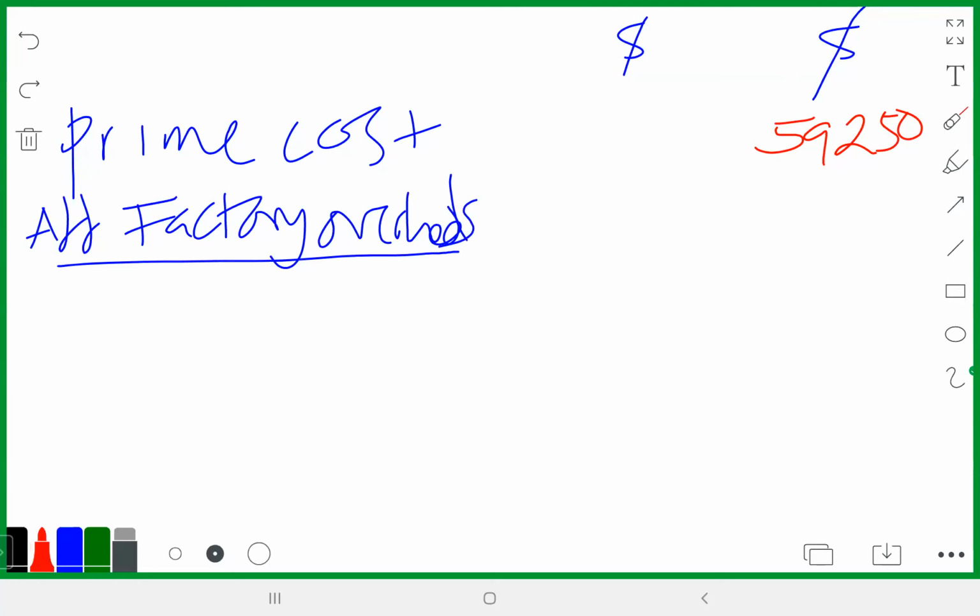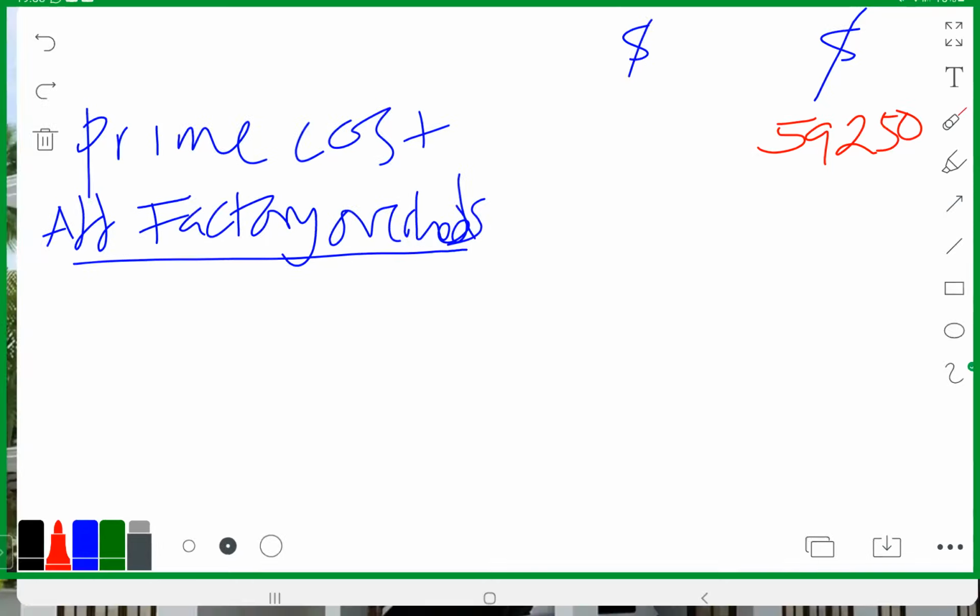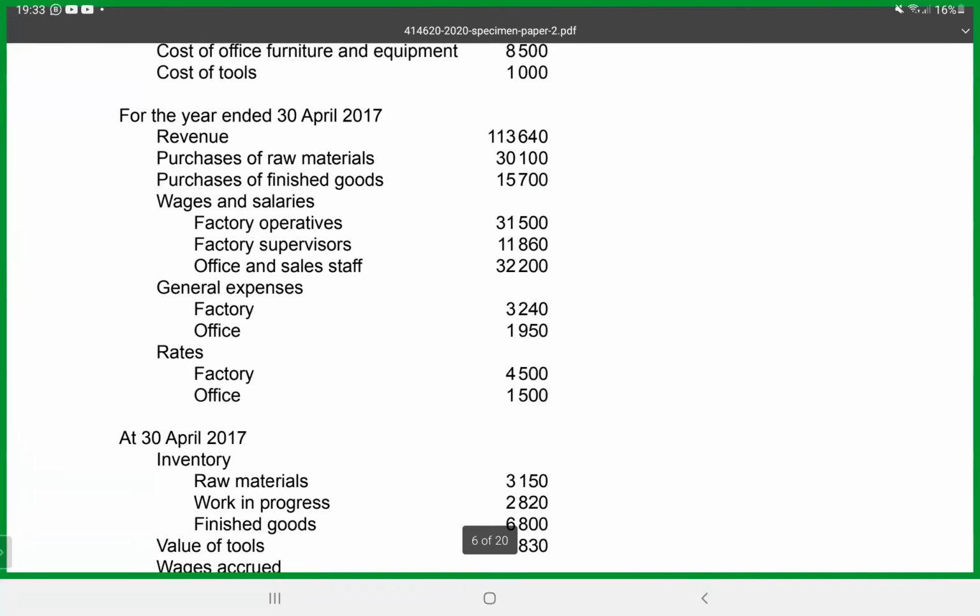And what do we have under factory overheads? Our factory overheads refer to all the indirect costs that occur in the factory, but they are not direct. They are indirect.